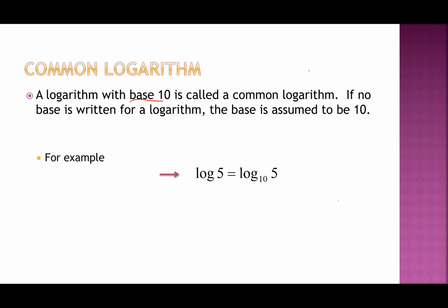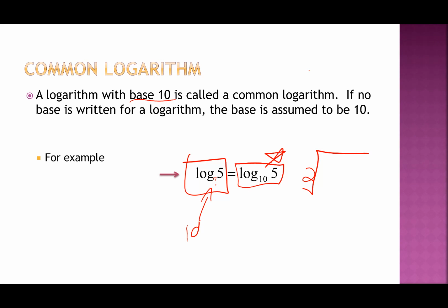A common logarithm is a logarithm with a base of 10. So when you see log 5, just like this, and you don't see that little base value down, little subscript between them, you're assuming that base value is 10. So that's why you see it's equal to log base 10 of 5. You would never write this like this. I guess some people would, but it's kind of like writing the square root like this with the 2.